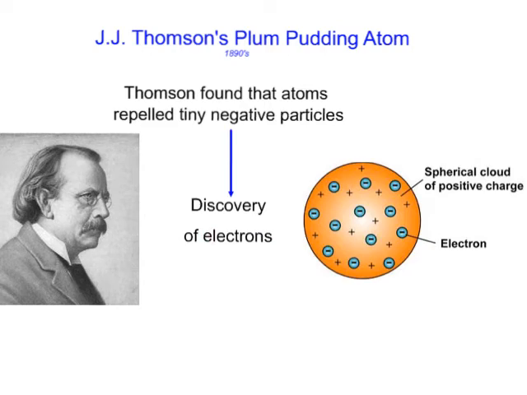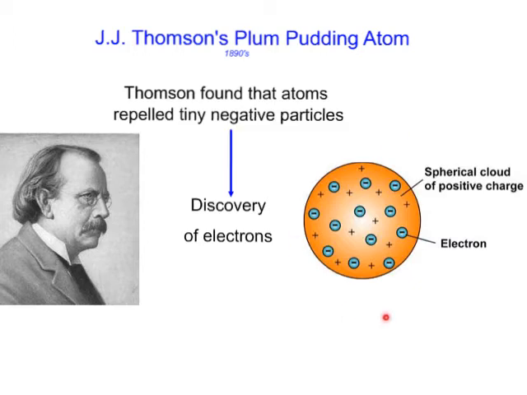He made these discoveries in the 1890s, and when he saw that these little negative particles, which he wouldn't have called electrons, were coming out of an atom, he thought there must be some positive mass inside the atom as well, because the atom itself was not charged, so it couldn't be made entirely of these little negative particles.